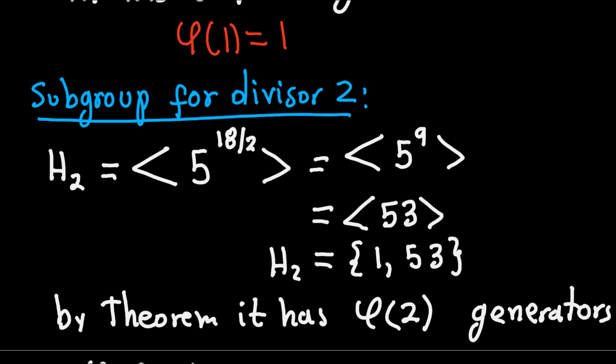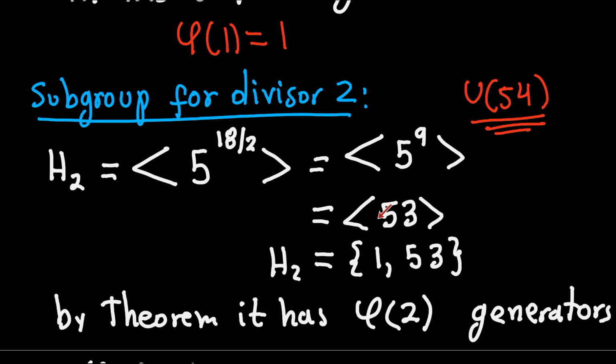Now remember here we are in U54. In U54, the binary operation is multiplication modulo 54. So when we talk about 5 to the 9th power, it is modulo 54. If you do that, modulo 54, you get 53. So it's the subgroup generated by 53.